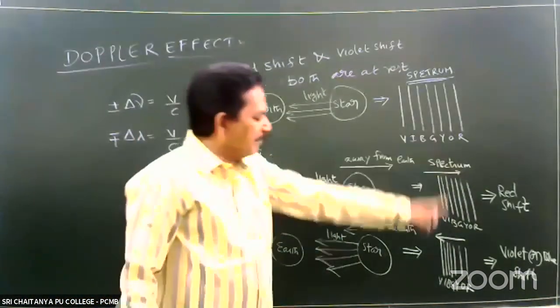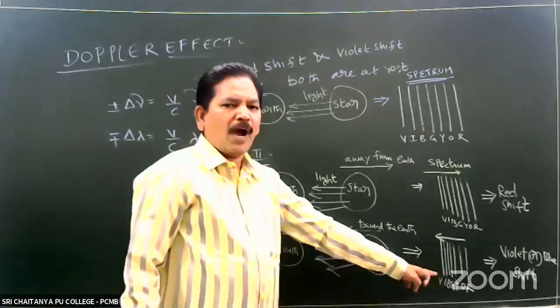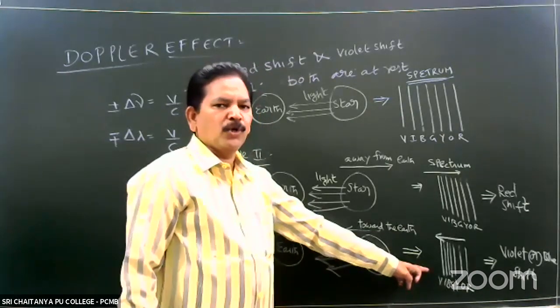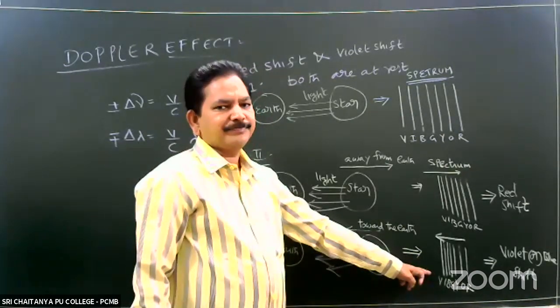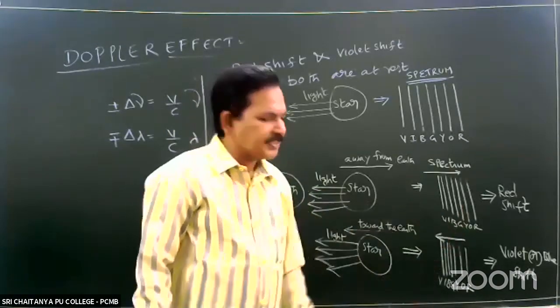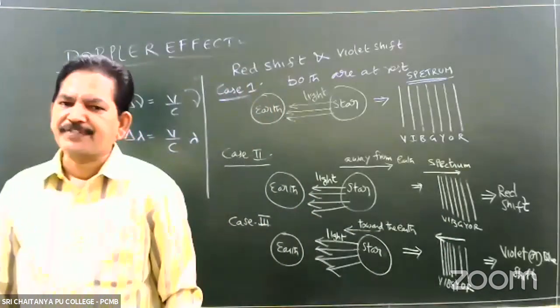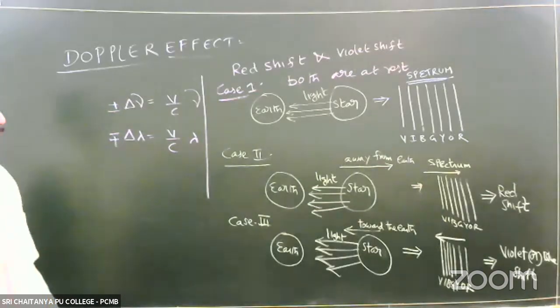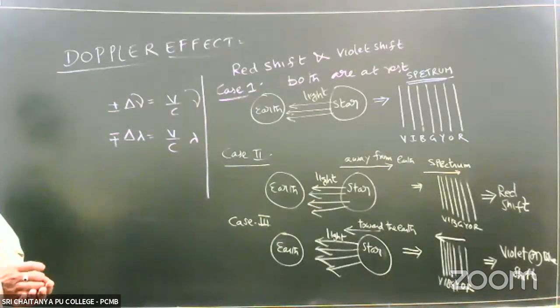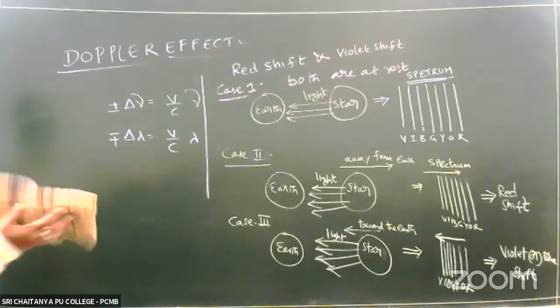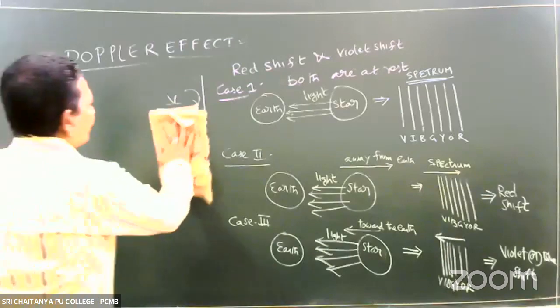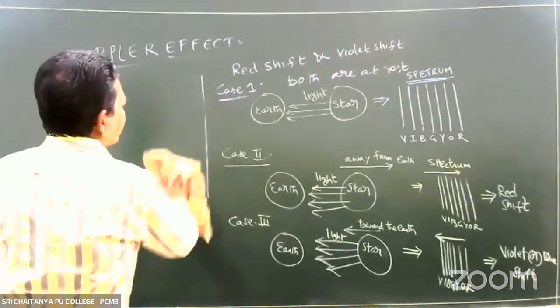Then the spectrum is shifted towards violet color or blue color, lesser wavelength. This phenomenon is called the violet shift or the blue shift. So this is the concept of red shift and violet shift in the Doppler effect in light.